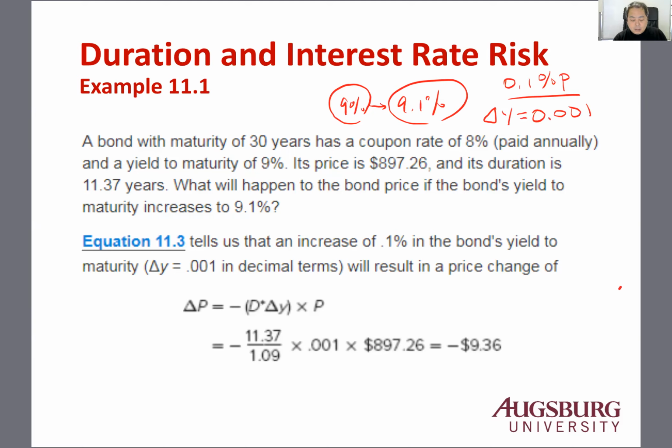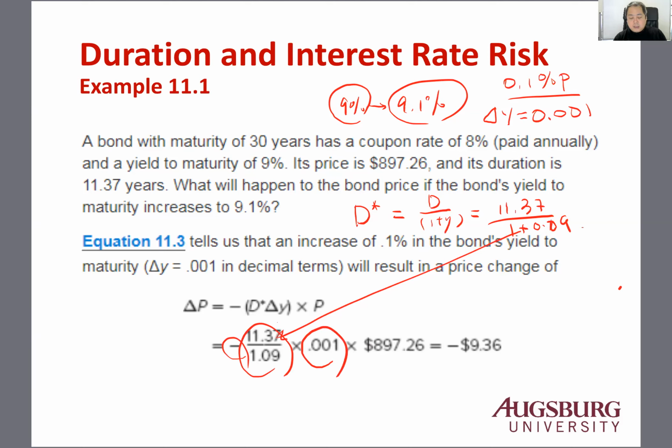We need to calculate the modified duration, which equals duration divided by 1 plus y. So 11.37 divided by 1 plus 9%, with a negative sign, and the change is 0.001. That's the percentage price change.